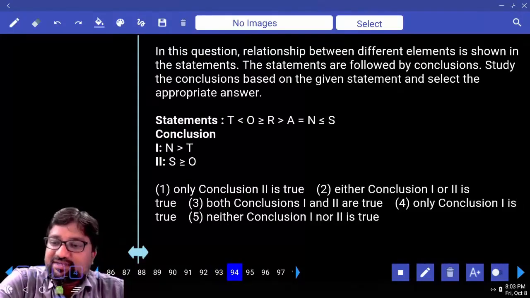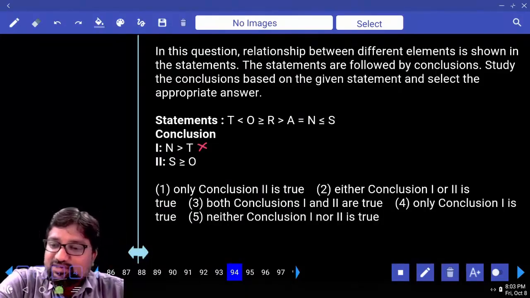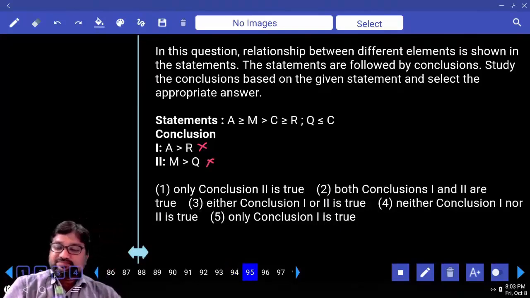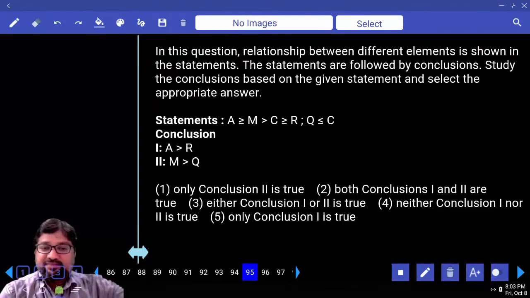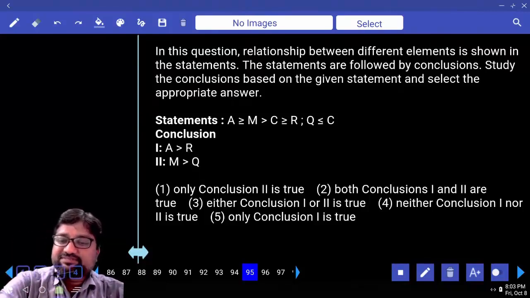Next, N and T. Problem with N and T, opposite symbols, cannot be determined. S greater than or equals to O. What's the problem between S and O? Opposite symbols, cannot be determined. Next is what? 95. What's going on with the 95th question? A greater than R. Straightforward, pretty easy.